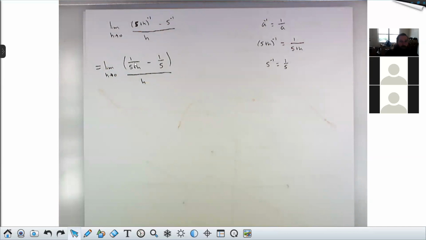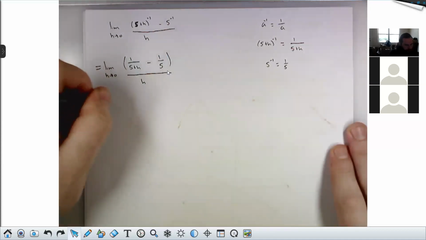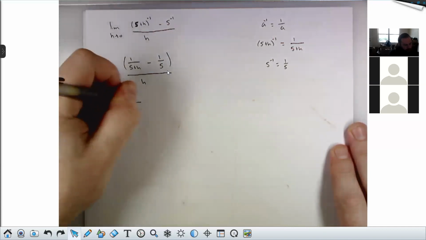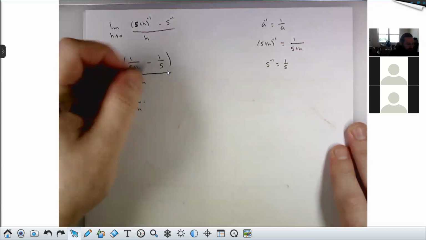The only way I can hope to do that is by cleaning up the algebra in the top. Right now, the top has two fractions being subtracted from each other. So if I want to clean that up, I need to have a common denominator and put them together. So this is going to be 1 over 5 + h times, his denominator is missing the 5.